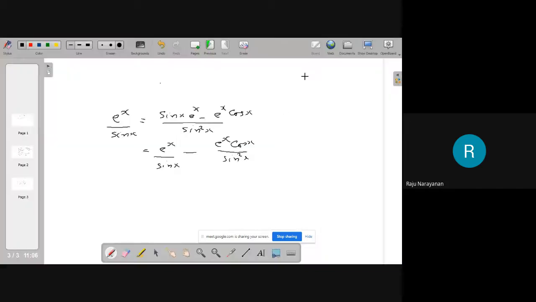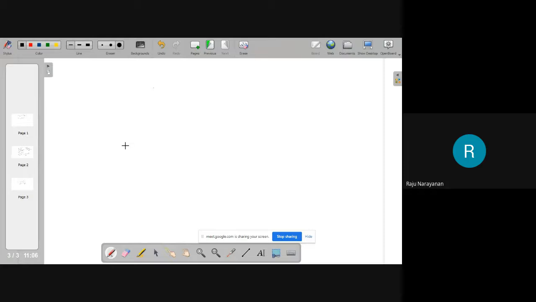For example, in the Newton-Raphson method for finding the roots, you start with an approximate value x naught, then you find the h. f of x naught plus h is equal to f of x naught plus h into f dash x naught plus etc. You ignore the higher terms.